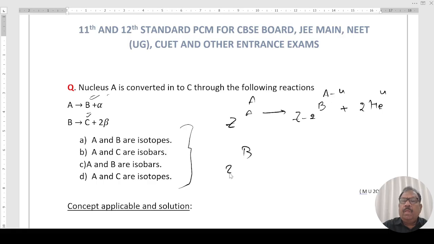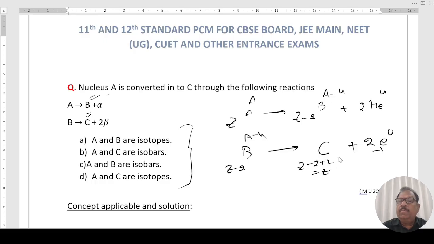Then B, Z minus 2, A minus 4, gives C plus 2 electrons, that is 2 times minus 1, 0. So this will become Z minus 2 plus 2, that is Z, and the mass number remains A minus 4.